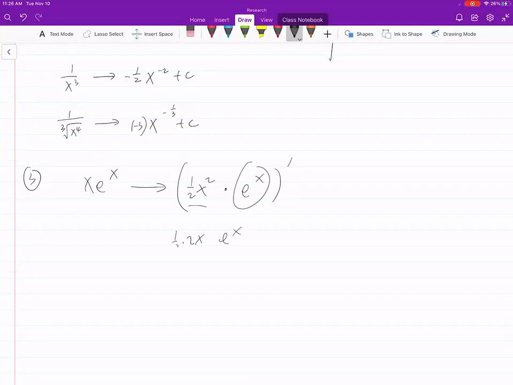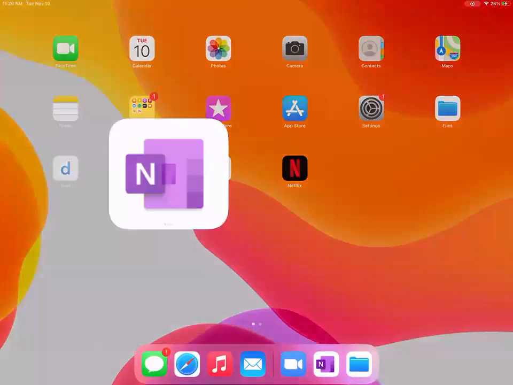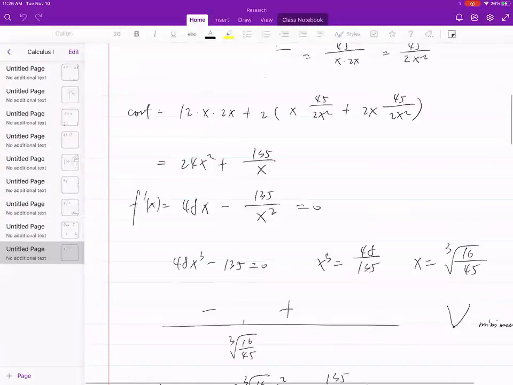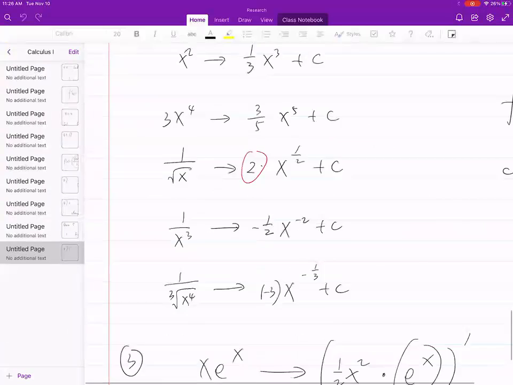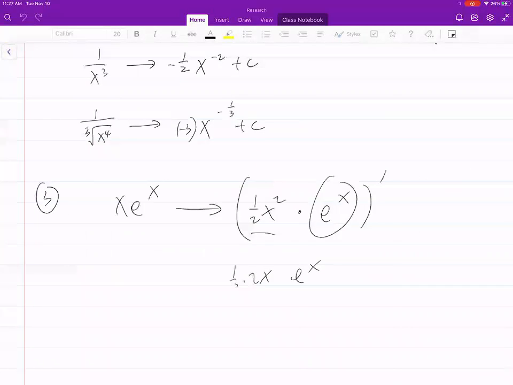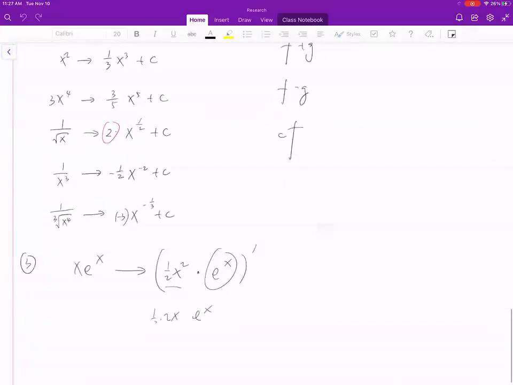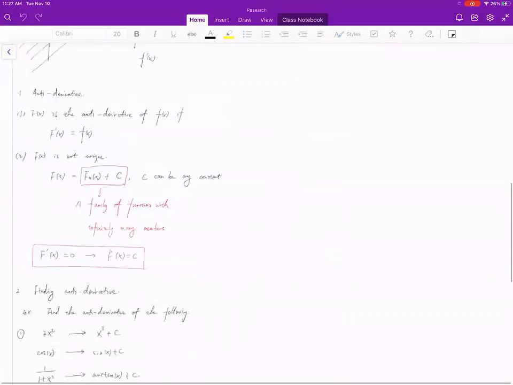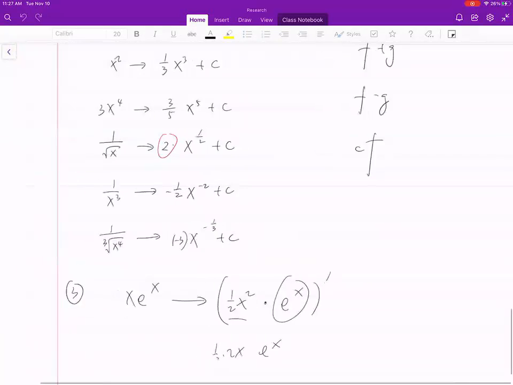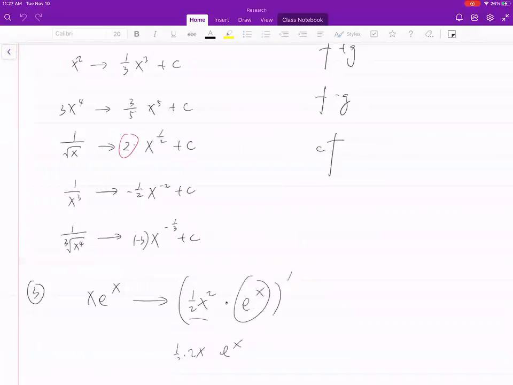Make sense here? Okay, so this is not easy. It cannot be done as easy as this. So multiplication failed so far.